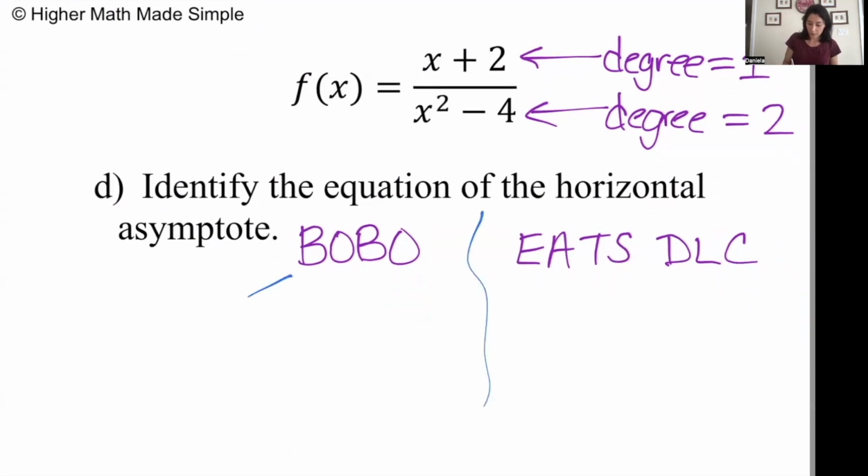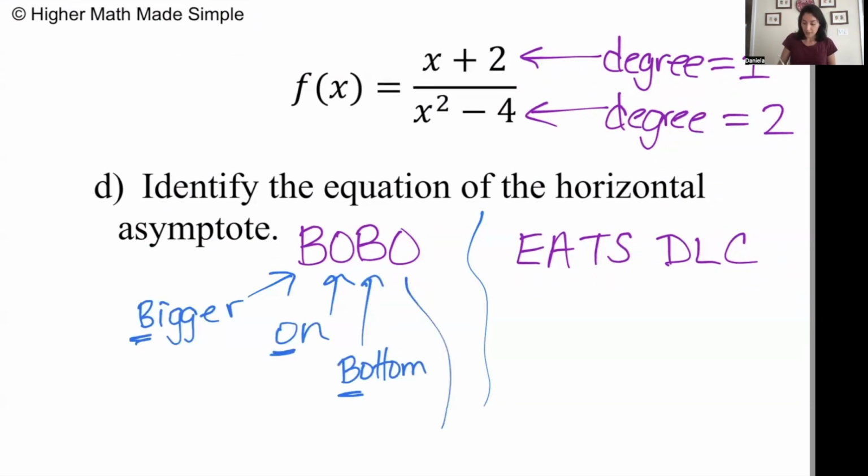This is if it's bigger on the bottom. This is actually like a 0. So if the degree is bigger on the bottom, there's going to be a horizontal asymptote, HA, I'm abbreviating, at the line y equals, and then that's like a 0. So in other words, the x-axis, okay?